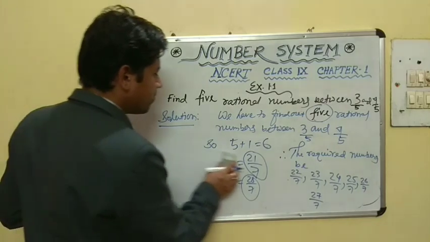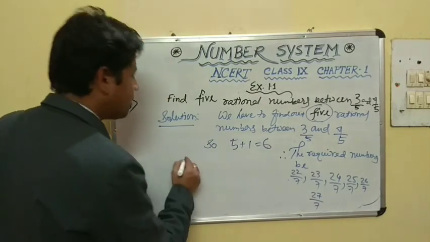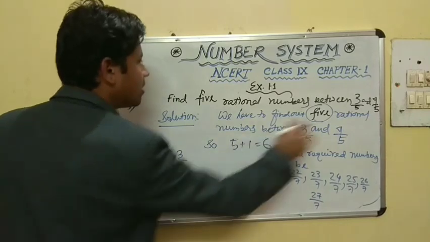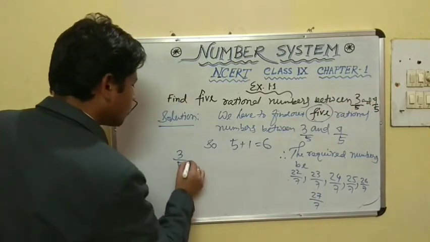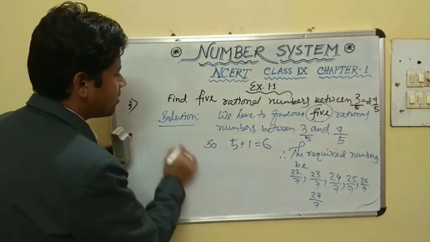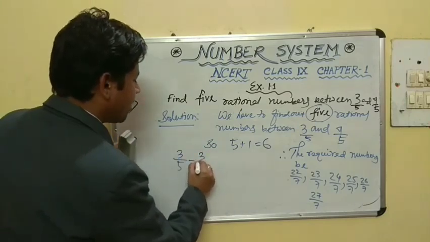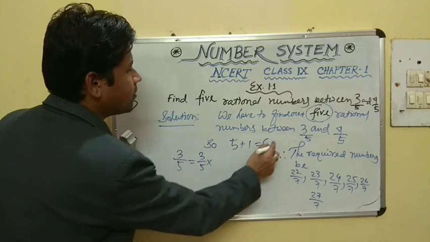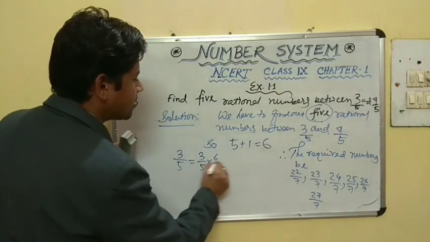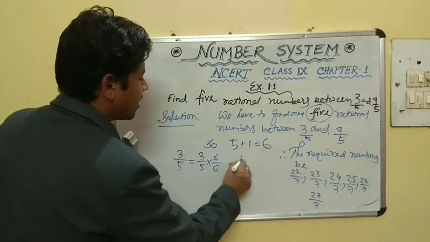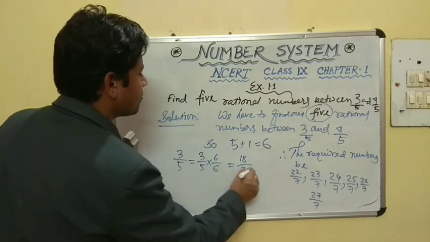Again, we will make the given rational numbers into equivalent fractions. 3 by 5 into 6 by 6 equals 18 upon 30.